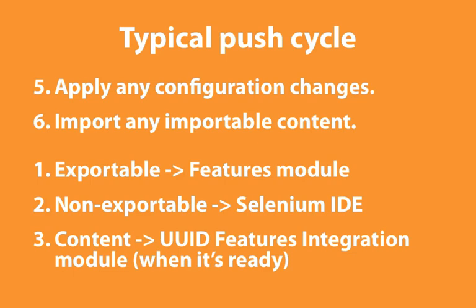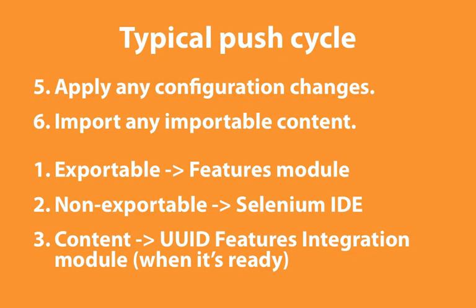So when it comes to tracking that piece of content, everything has a unique ID that can be referenced the same way. So for example, if I have a piece of content on my local site and a piece of content on my remote site, and they both have the same UUID, then we know that when we make changes locally and add them to our feature module, for example, then when we push them to our production site, they can get pulled in as changes to that piece of content.